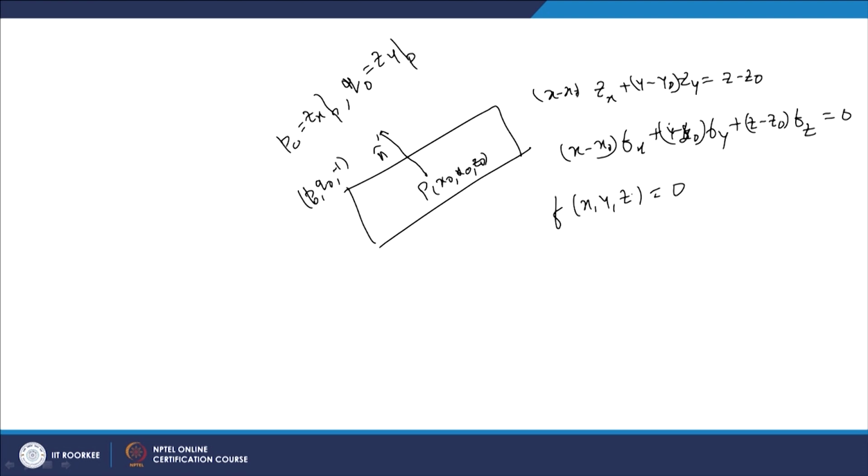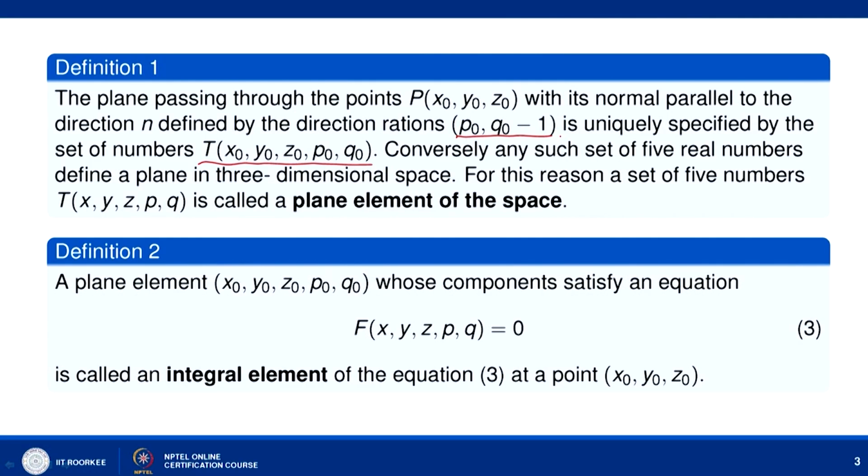If your equation is given as f(x, y, z) equal to 0, then the equation of the tangent plane you can always write like this. So any plane can be characterized by the point and the normal vector at that particular point, and you can characterize that plane by this 5 tuple, that is x, y, z and p, q.